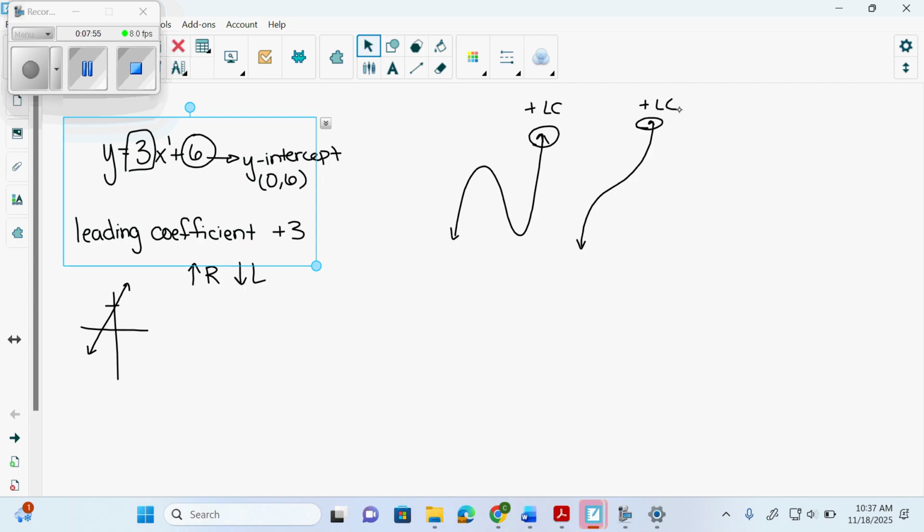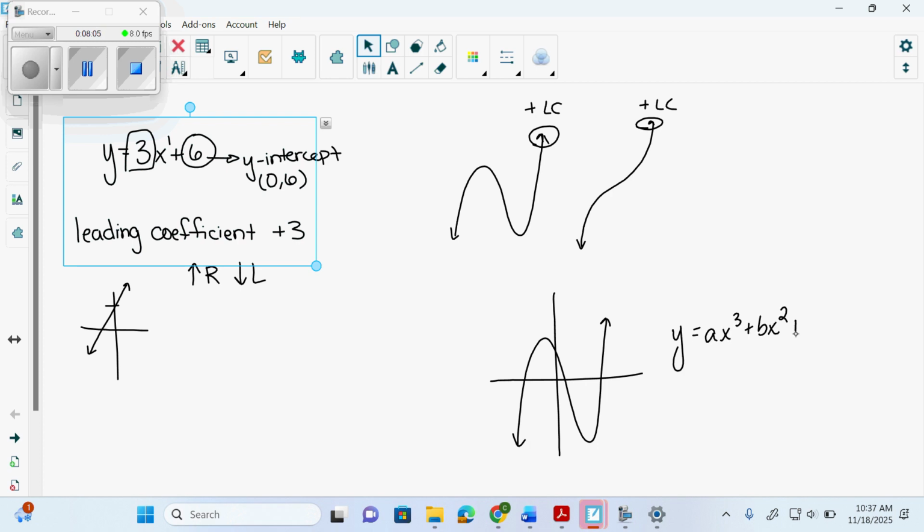We agree? If I give you this graph, and I gave you y equals ax cubed plus bx squared plus cx plus d, is a greater than 0 or less than 0? It's greater than 0 because it's up on the right, so my leading coefficient would be positive. Is d greater than 0 or less than 0?